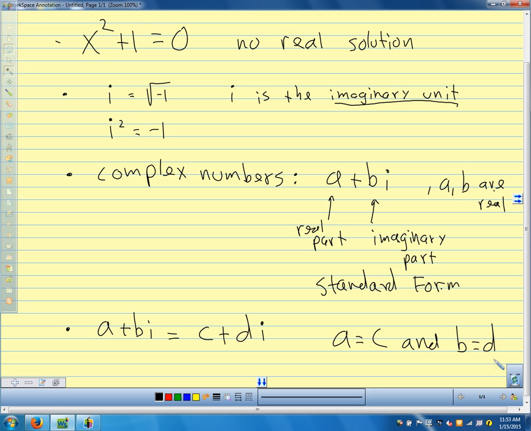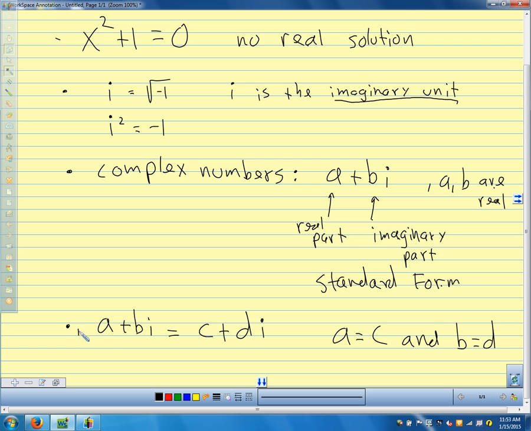That's the only way that they're going to be equal. And most of this is, complex numbers act essentially like all the numbers we've worked with before, so a lot of this is really intuitive. All right, questions? We good here?